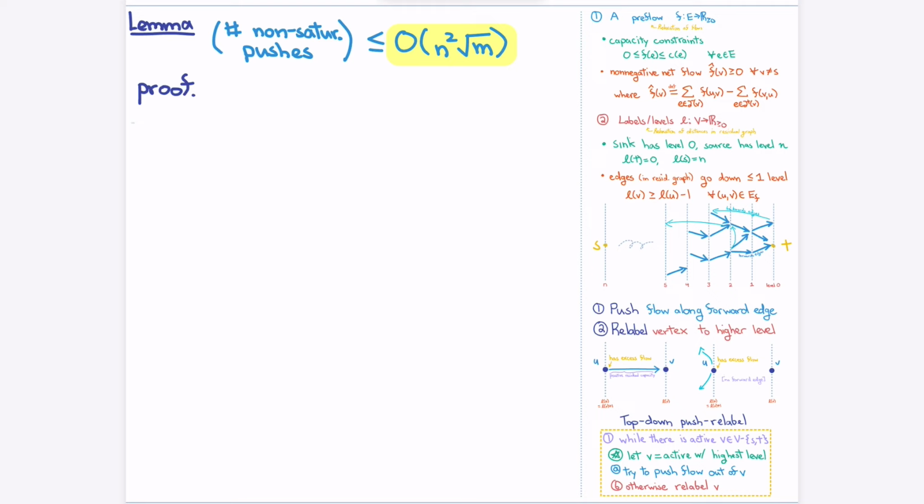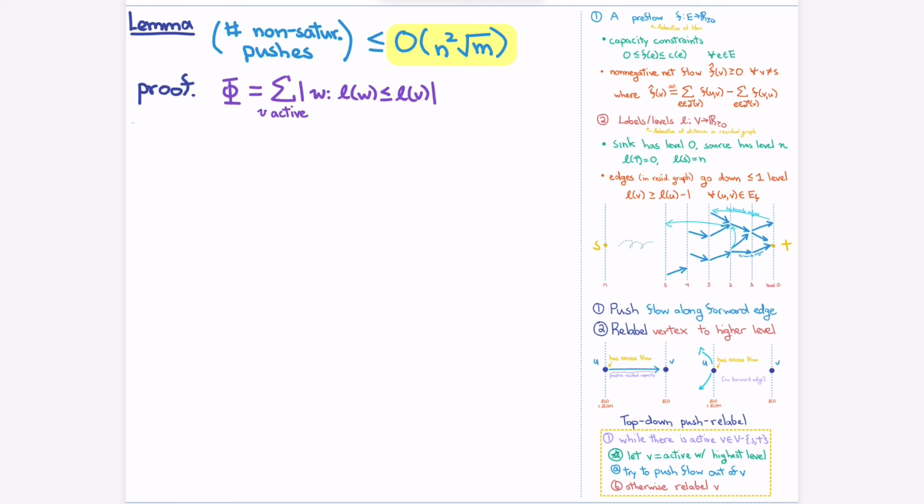Okay, so this is tricky. Does anyone want to suggest an idea? This is going to be a little bit denser, but hopefully fun. This one is going to be analytically quite clever, but it's going to take advantage of another potential function. So here is what we're going to do.